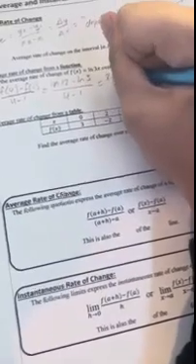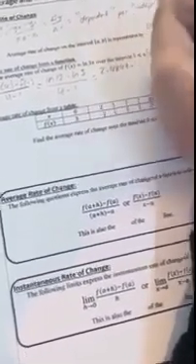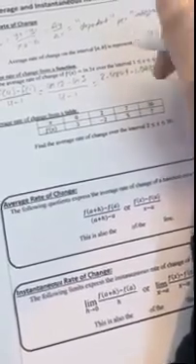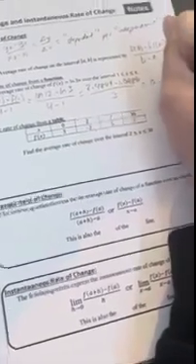This is 2.4849 minus 1.0986 over 3, which is 0.462.